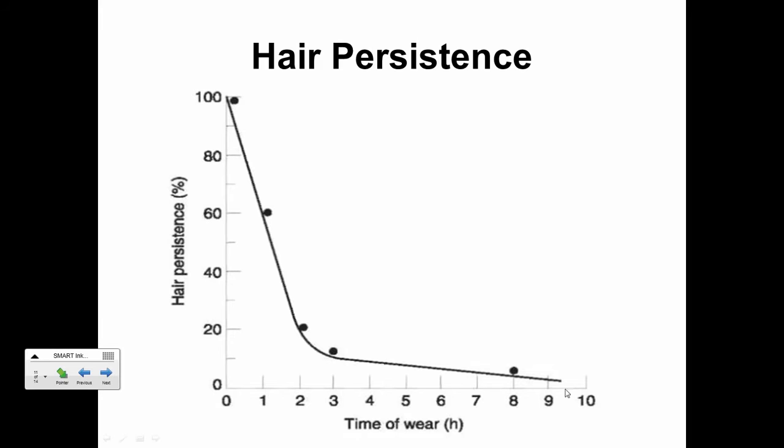Otherwise, if you don't find that particular scene until days later, the chances of you finding any trace evidence, not just hair, this could be fibers, it could be gunshot residue, any small trace evidence, the persistence of it being present at the scene of the crime decreases significantly as time goes by.